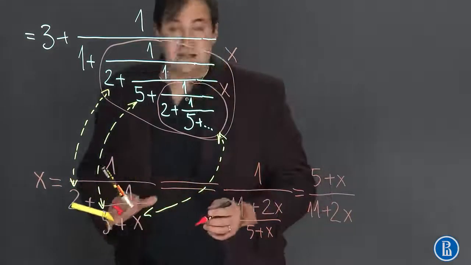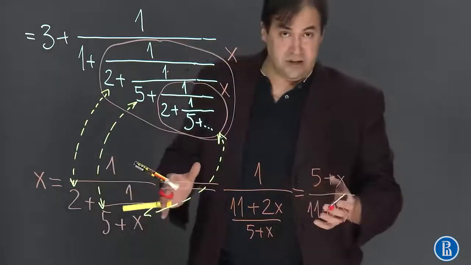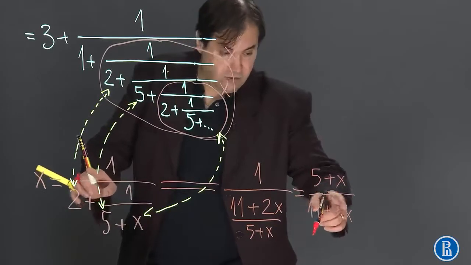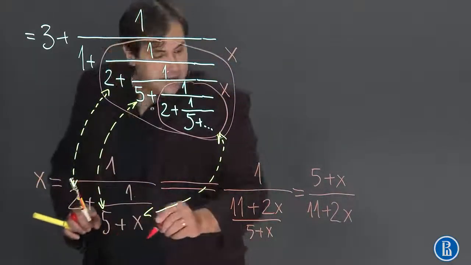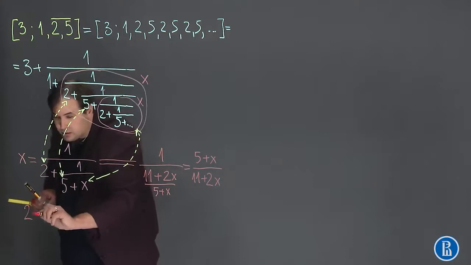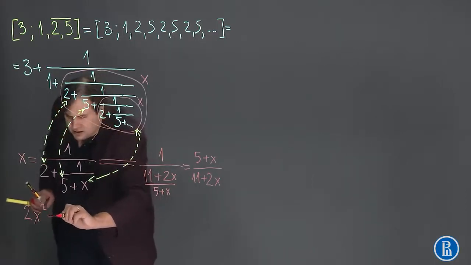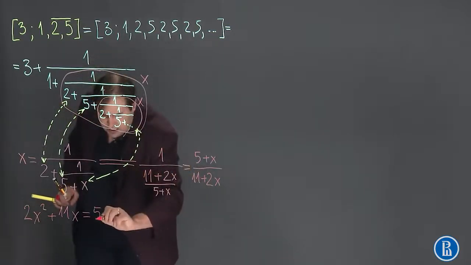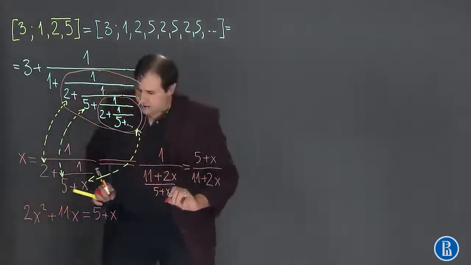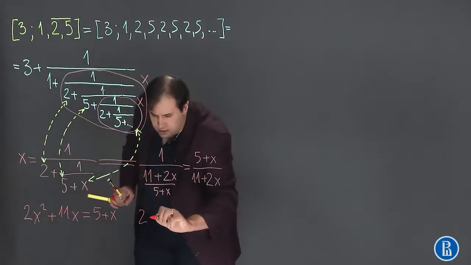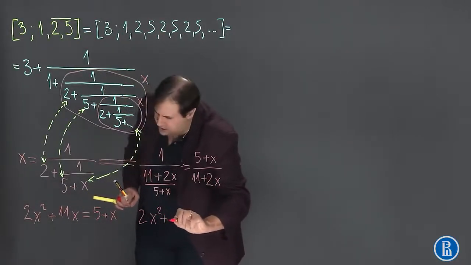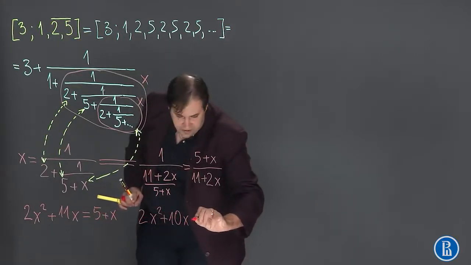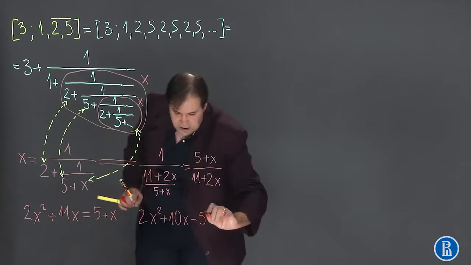So we see that actually this equation is a quadratic equation. Move the denominator to the left-hand side and then write that 2x squared plus 11x is equal to 5 plus x. And finally, 2x squared plus 10x minus 5 is equal to 0.